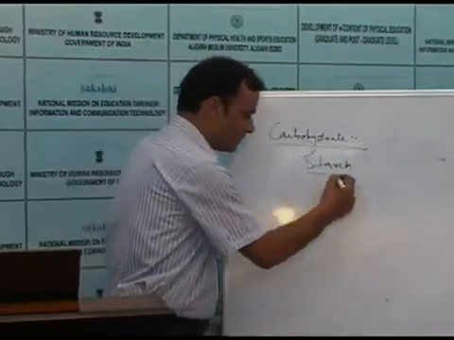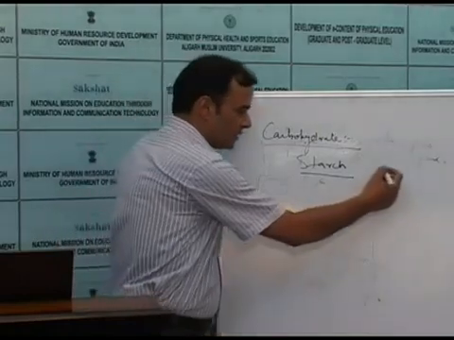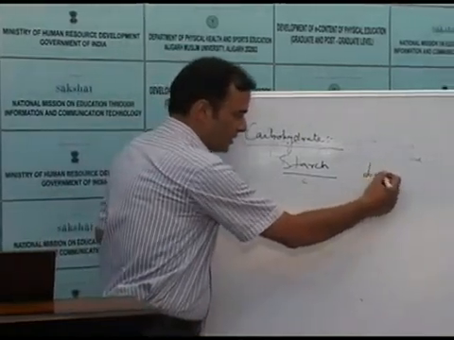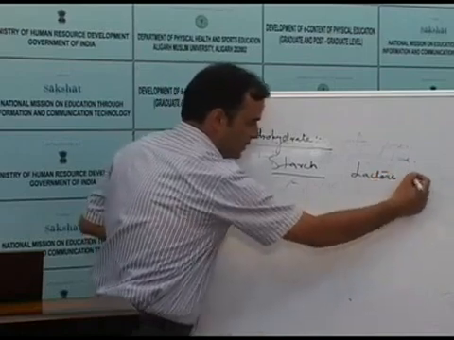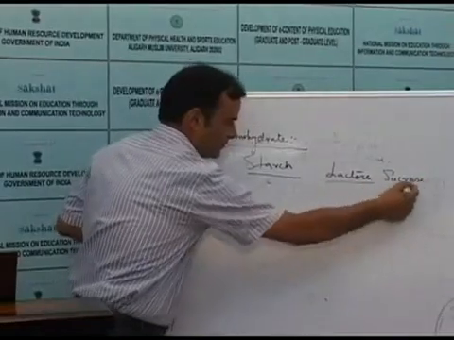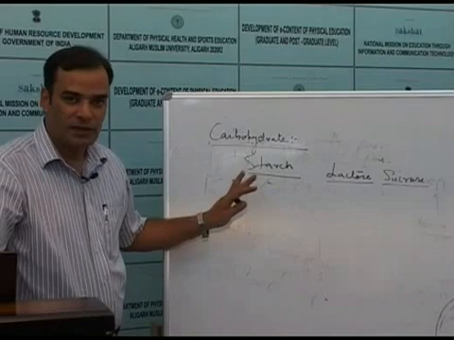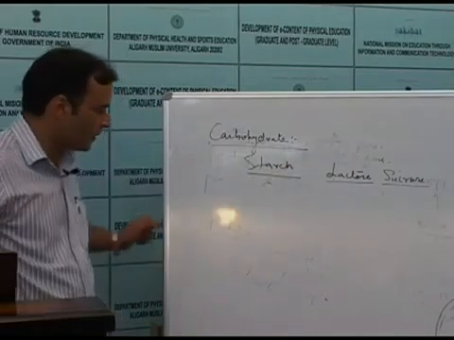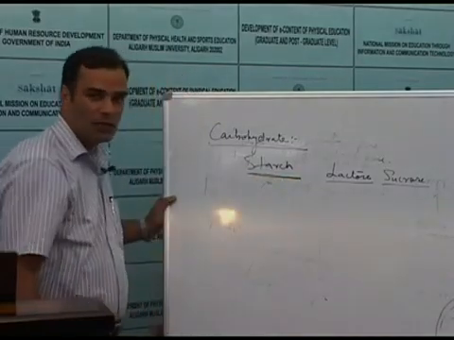Starch forms the major portion of our carbohydrate diet. Besides starch, there is lactose and another is sucrose. These are three major carbohydrates found in our diet. So let us discuss first the digestion of the starch.